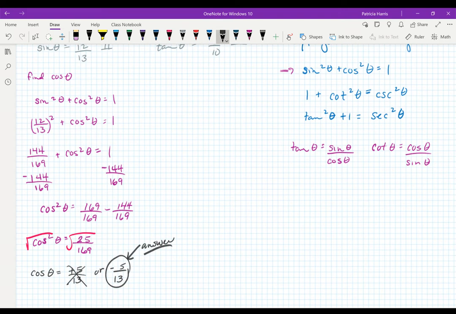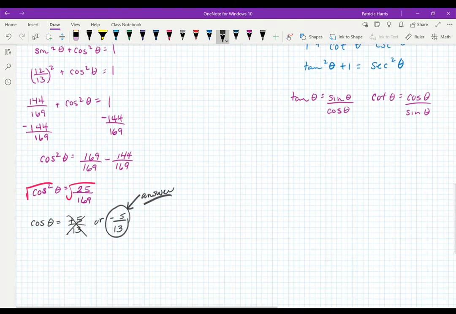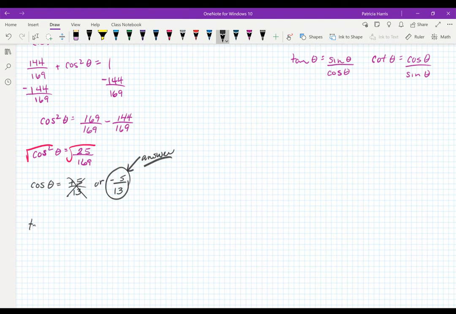Now since I have sine and cosine, I can use tangent, sine over cosine, to find tangent, and then I can use the reciprocals to find cosecant, secant, and cotangent. So let's do that. There's tangent.